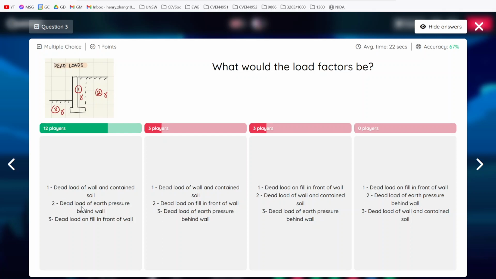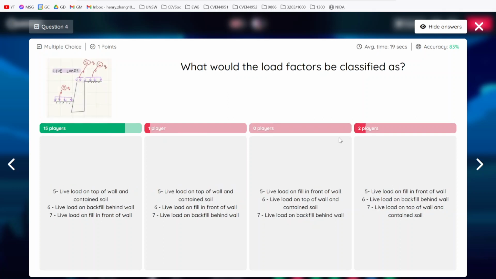Yeah, that's whatever earth pressure is causing failure over here, right? And then the dead load of the field of this impermeable soil, that's the passive earth pressure, right? Very similar for live loads. Yeah, it's pretty much the same question.